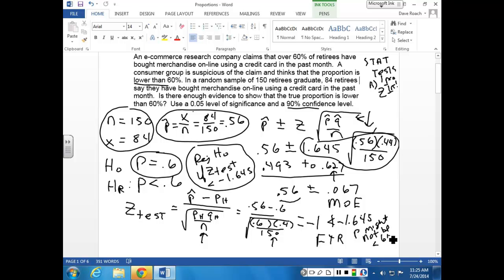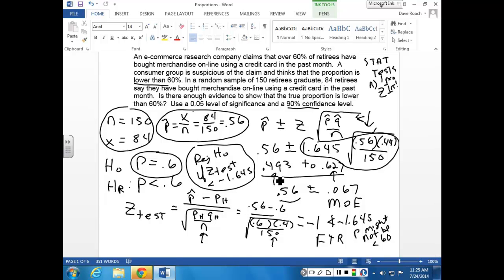So the consumer group shouldn't go saying it's less than 60. It could be 60, or it could be actually slightly lower. Of course, it could be lower. We went as low as 0.493 in our confidence interval, but we shouldn't.